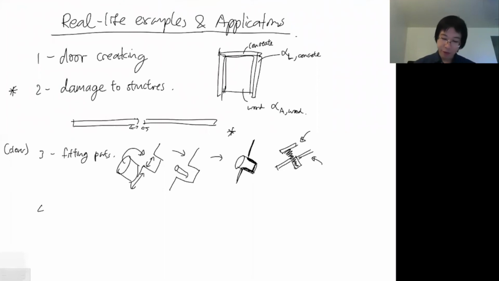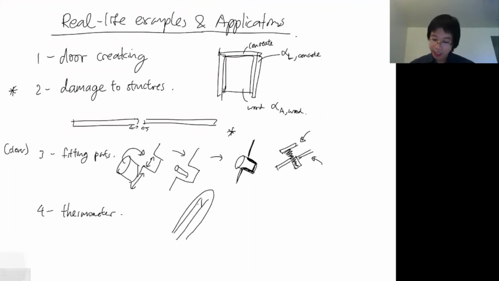Of course, number 4 is a thermometer we talked about. For a thermometer, it's a little bit subtle which you should use. You have a liquid inside. Should you use the volume, or should you use the linear one? First you might think it's linear because this is very long.